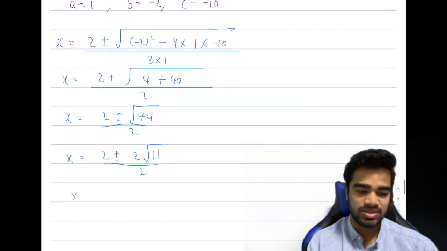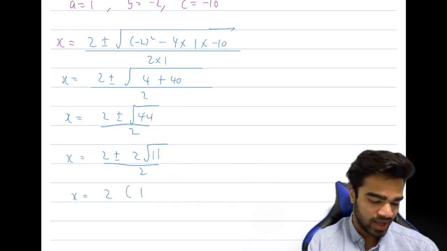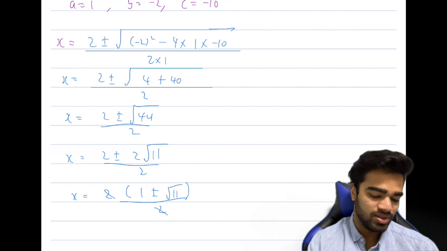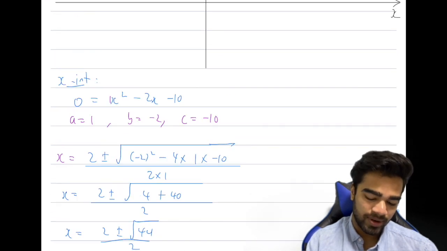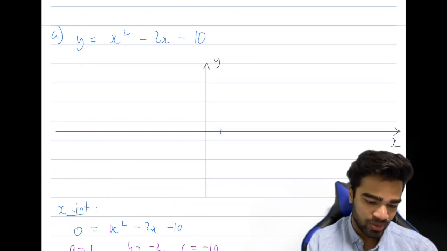If you factorize the top, take the 2 out, 1 plus or minus root 11 over 2, and then you can cancel out the 2's. So your two x-intercepts are going to be 1 minus root 11, which is your first one, and the second one is 1 plus root 11.